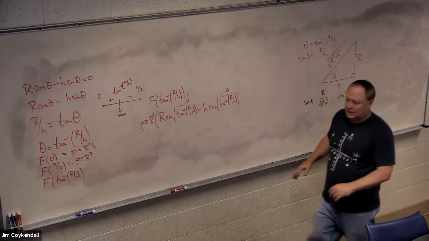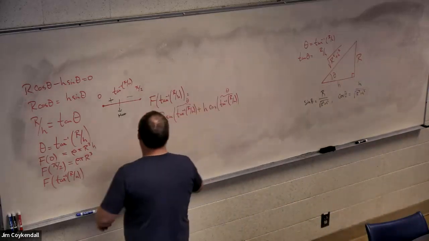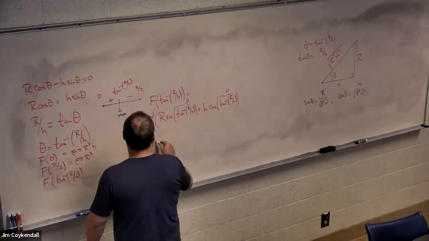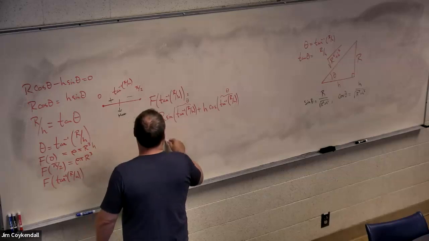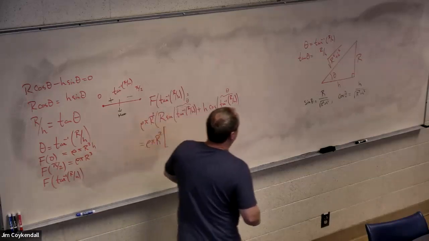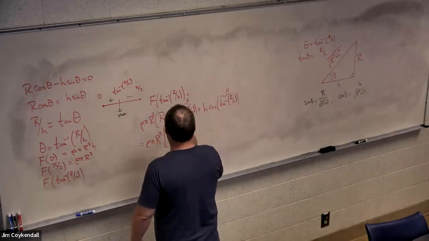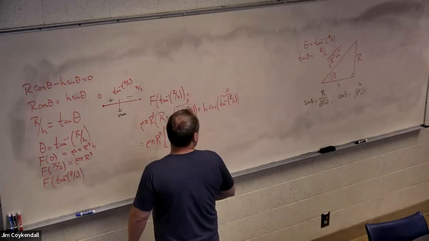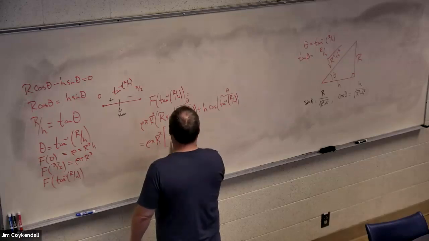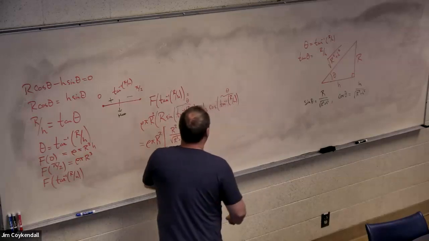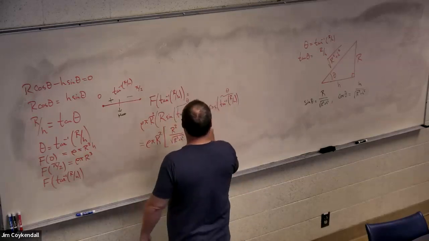So now, this is rho pi r squared times r sine theta, so that's going to be r squared over the square root of r squared plus h squared, plus h cosine theta, which gives h squared over the square root of r squared plus h squared.